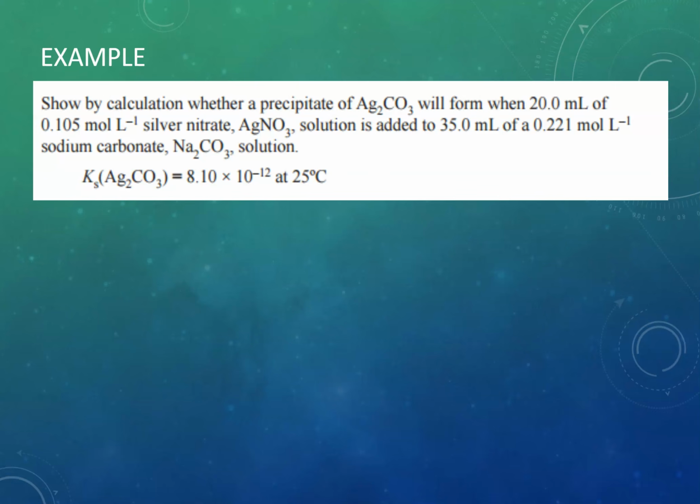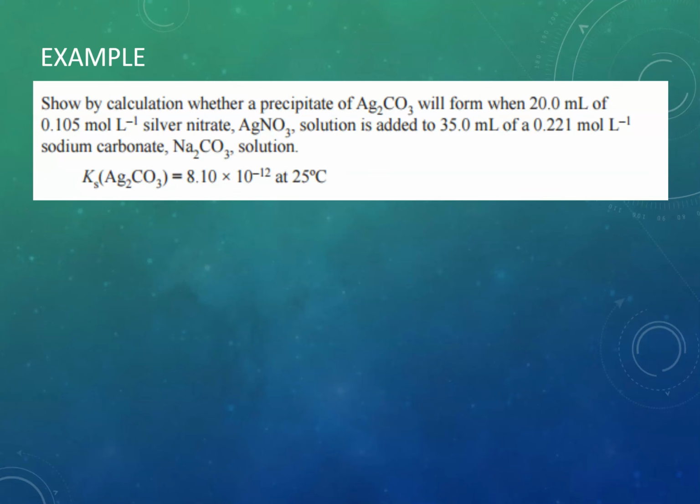So the first thing you have to think about, there are two things. First, you are mixing two liquids together, so you're going to be diluting the two solutions that you've got. The second thing is you've got silver nitrate and sodium carbonate, so you've got to look at the ratios of when those two things dissolve. Hopefully you can just do this by eye: silver nitrate is going to break up in a 1-to-1 ratio.